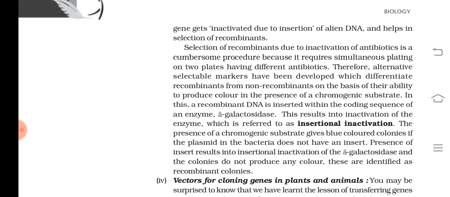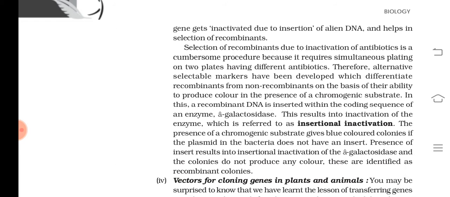So to make the procedure a little easier, alternative selectable markers were developed, which can differentiate recombinants from non-recombinants on the basis of their ability to produce color in the presence of a chromogenic substrate.